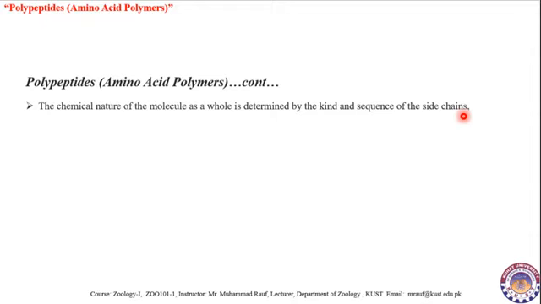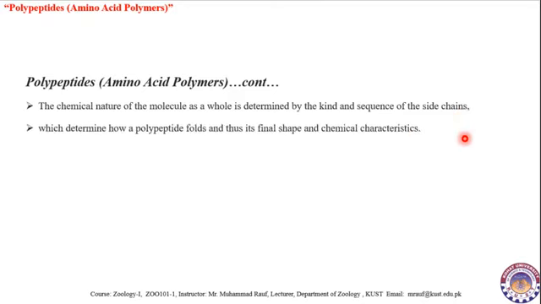Now when you discuss proteins, the R groups also participate there, and the composition of these amino acids and their R groups give characteristic properties to that protein. The R groups determine how a polypeptide folds and thus its final shape and chemical characteristics.